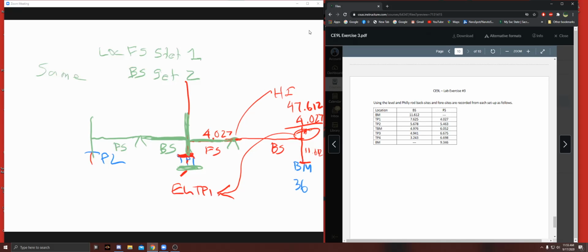Now you're given your next back sight is 7.625. You use that to add to this elevation that you calculated right here, and you will get the height of instrument right here. The next foresight is 5.463.